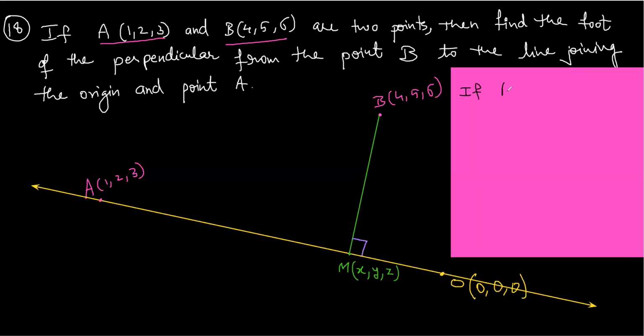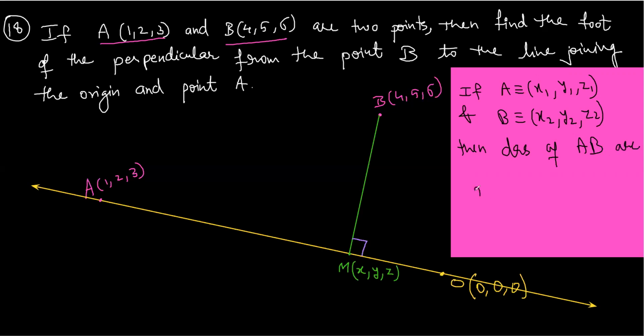If A is (x1, y1, z1) and B is (x2, y2, z2), then DRs of AB are x2 minus x1, y2 minus y1, z2 minus z1.